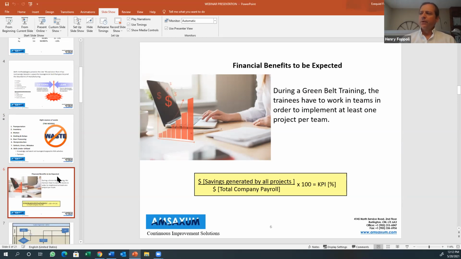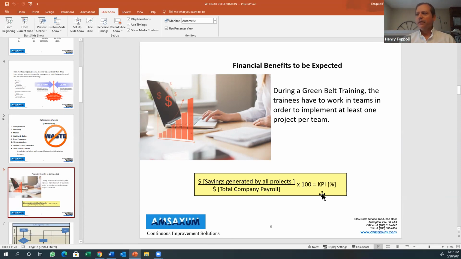So this is a formula that I came up with after many years of experience. When you have a Lean implementation or a Lean Six Sigma training, for instance, a Green Belt training, there will be many projects that come up during that training. The savings of those projects combined, divided by the total company payroll in a year, will tell you a KPI that you can expect.